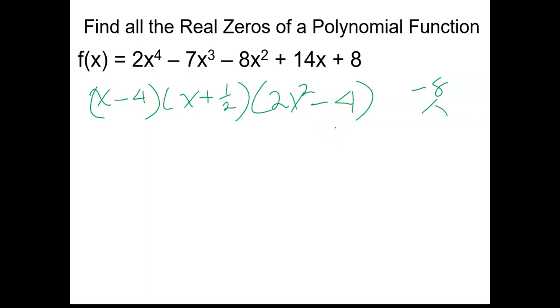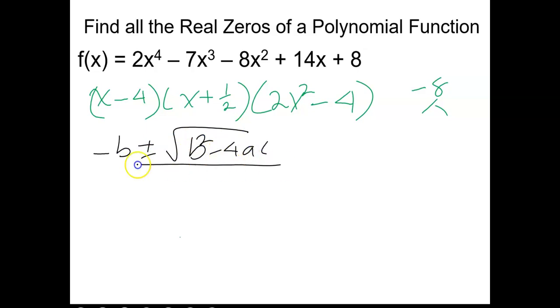So this is not rational. Of course, we tested all the possible rational numbers we had, so these will not be rational numbers. So we can use the quadratic formula to find these zeros. Sometimes it leads to that. So this is negative b plus or minus the square root of b squared minus 4ac, all over 2a.